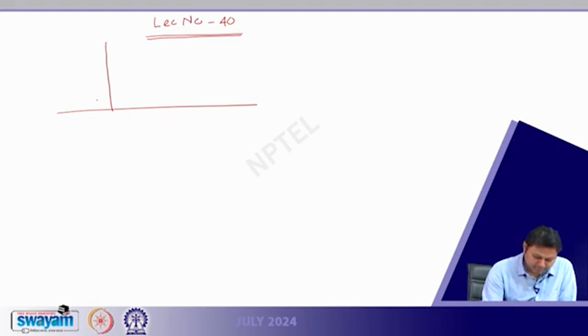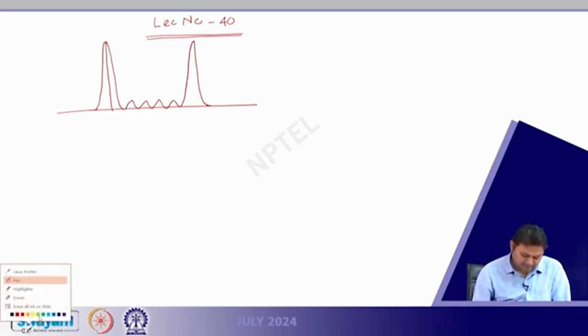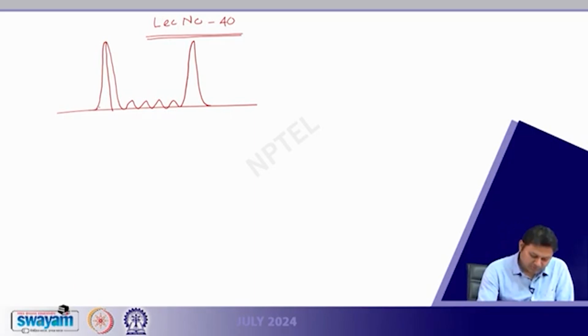This is the grating spectra for one particular wavelength, and if I have another wavelength, then there will be a slight shift, and I am going to get something like this.